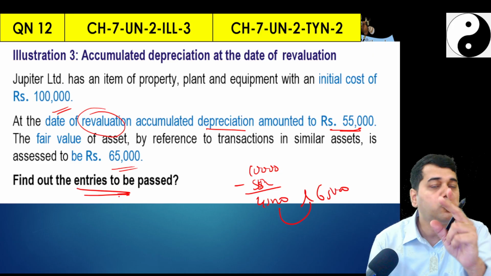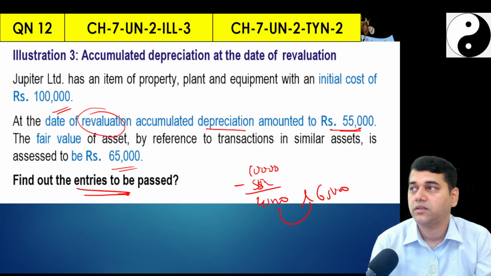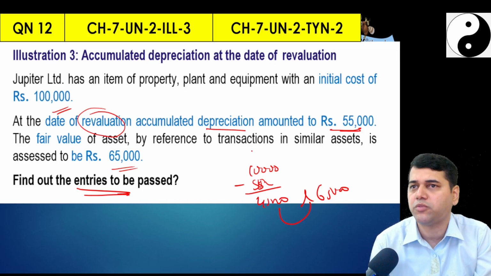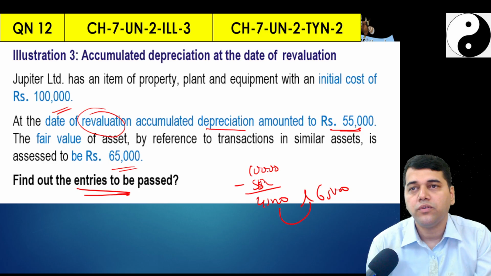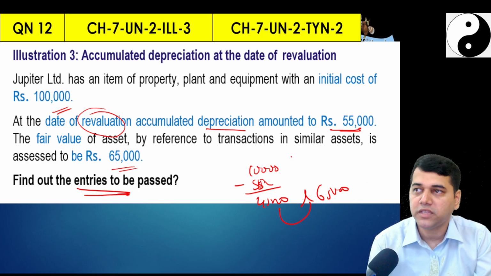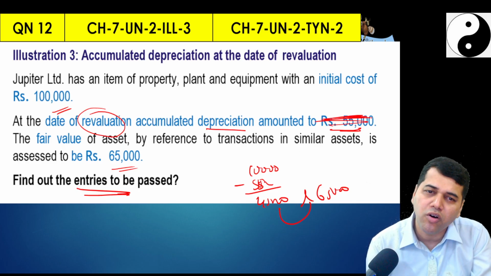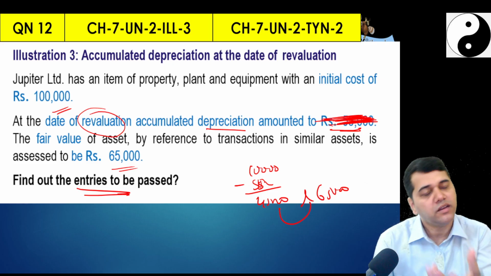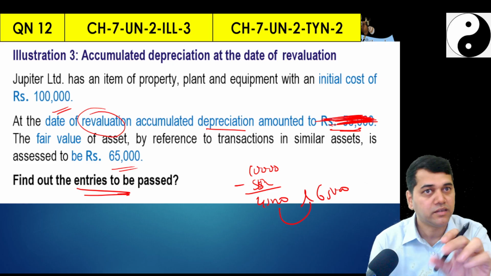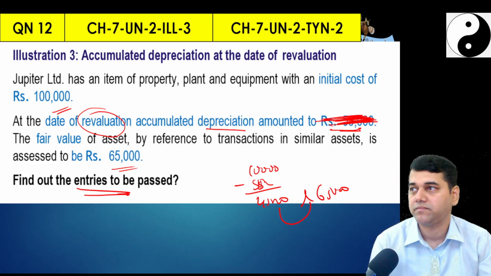Now, again, there are two policy choices. The policy choices goes something like this. One is, see, this is the revaluation model. You opted for revaluation. Now, model number 1 or method 1 is to remove all the balances. Whatever accumulated balance is there, you close that, make it clean, and start with the fresh balance.